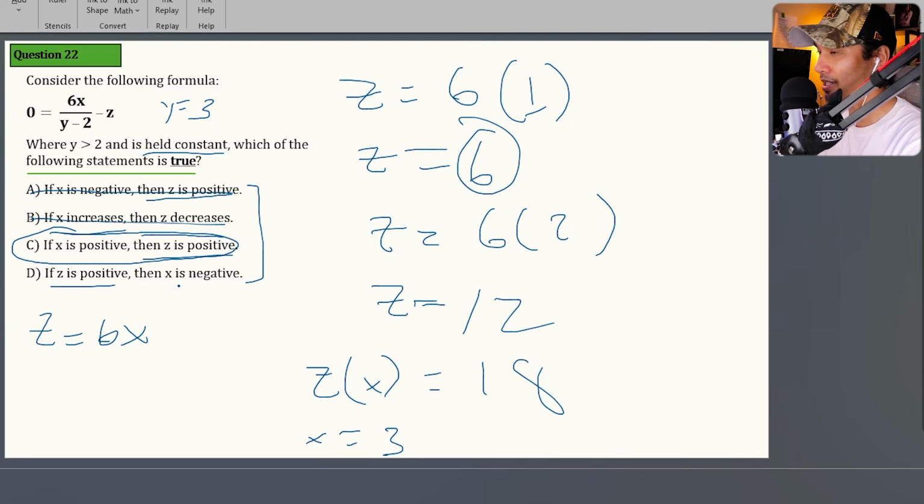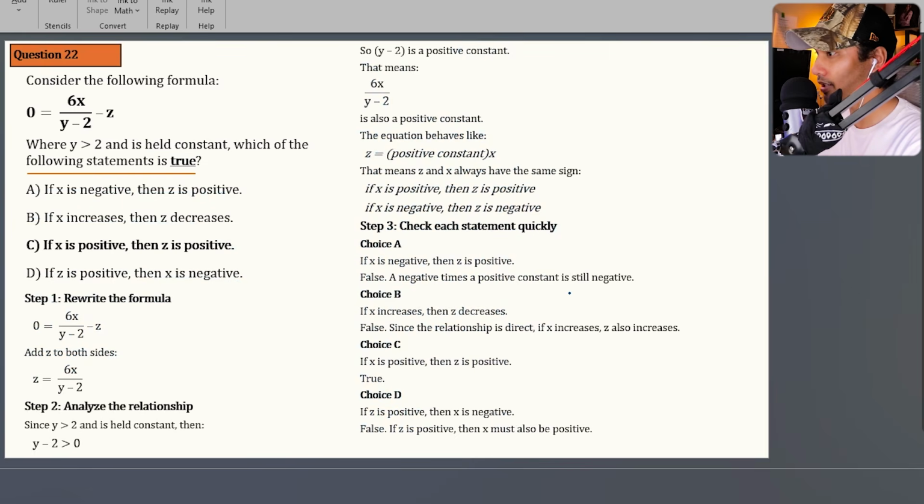Like if x was negative, then z would be negative as well. If x is positive, then z becomes positive, right? And I think we proved that. So therefore, we've disproved this. This is not true. Let's go see.